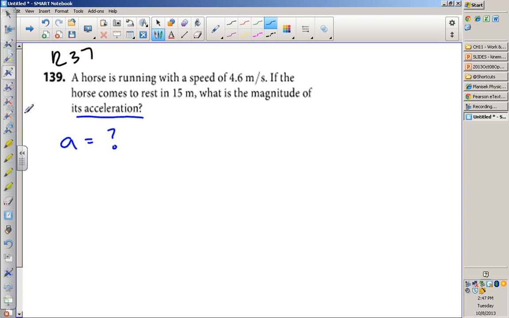If it comes to rest, what does that mean ultimately this horse is going to be doing? Slowing down and eventually stopping. So what piece of information is that going to give us? What does V final have to be here? It's got to be 0, because it comes to rest.